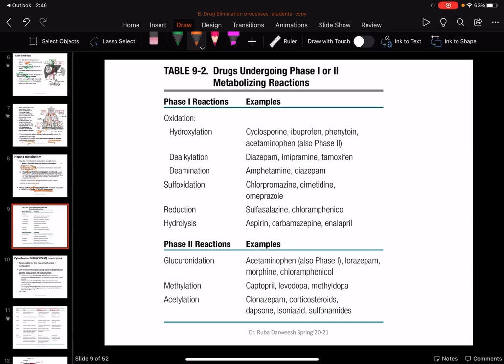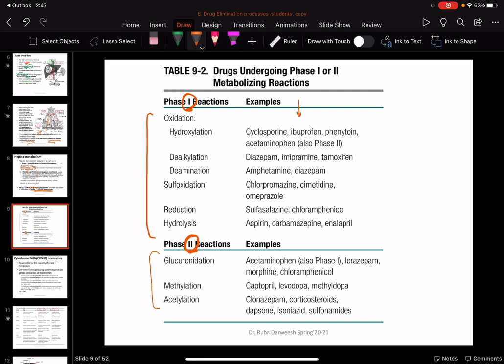We have different phase 1 and phase 2 reactions, and as we mentioned, one of the major metabolism processes is related to CYP450, but different reactions could happen at those two phases.